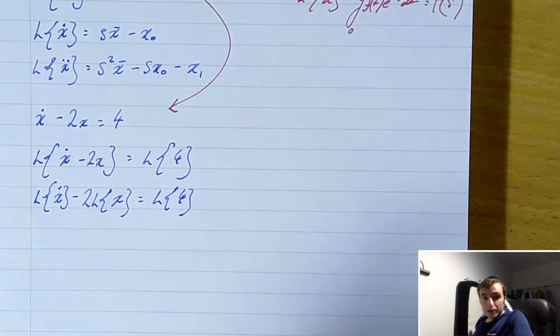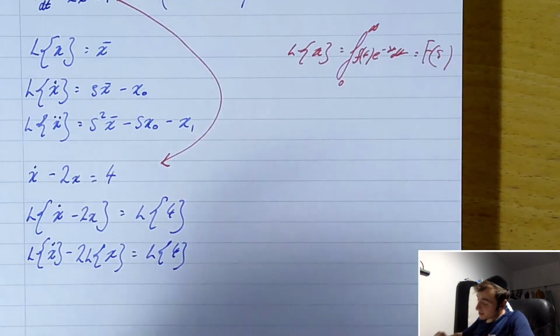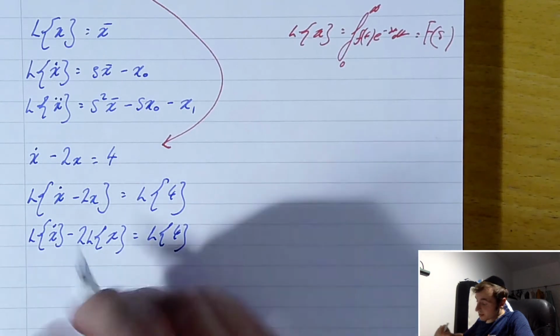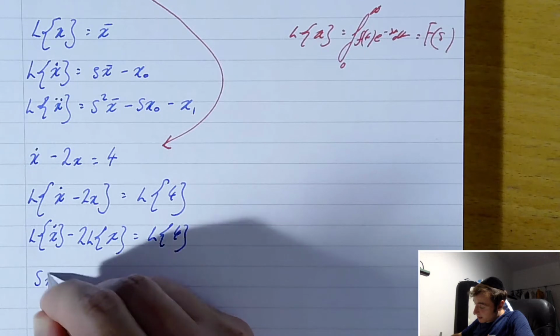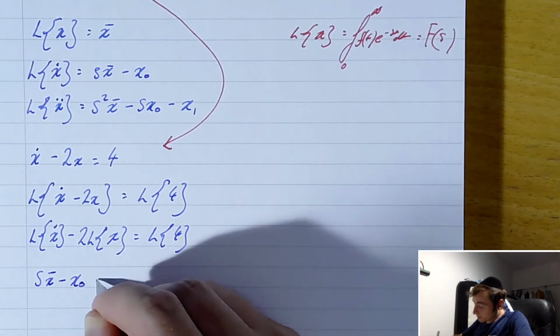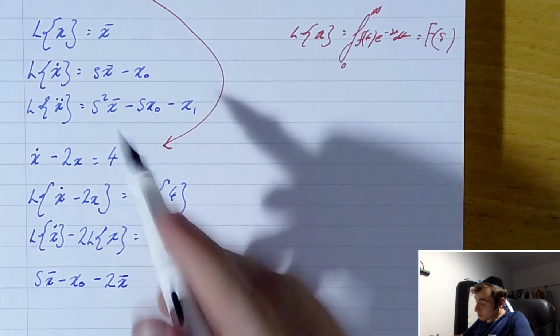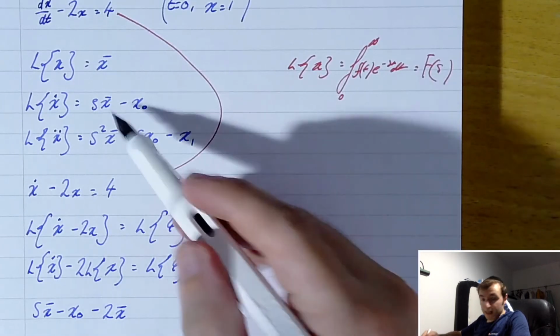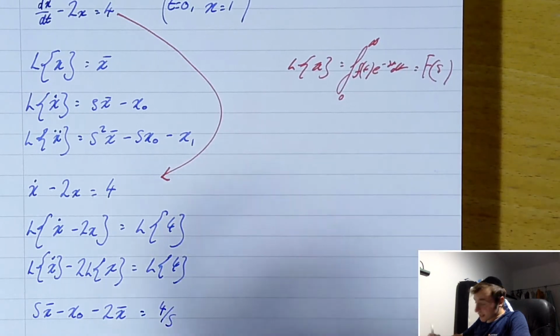So we know that the Laplace transform of x dot, we've got it up here, is this. So let's use that substitution now. So we can say s x bar minus x naught minus 2 x bar, because the Laplace transform of x is x bar, equals the Laplace transform of 4, which is 4 on s.